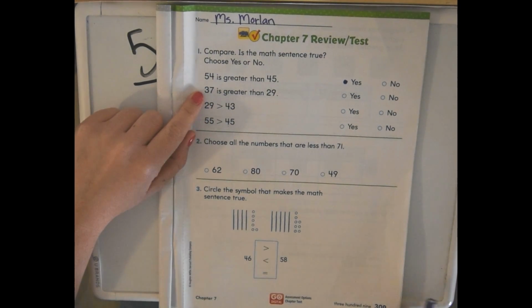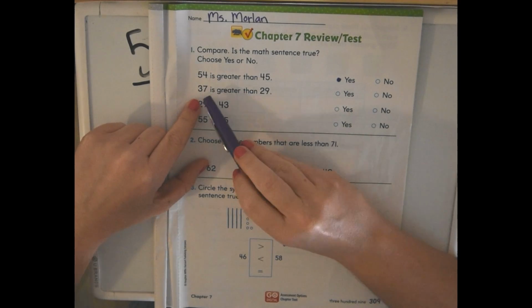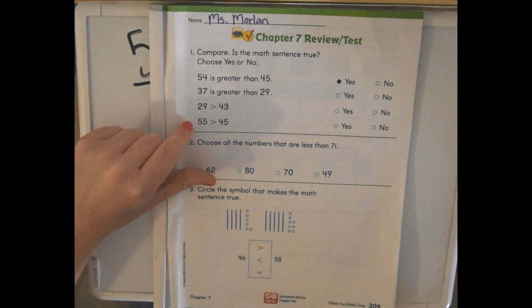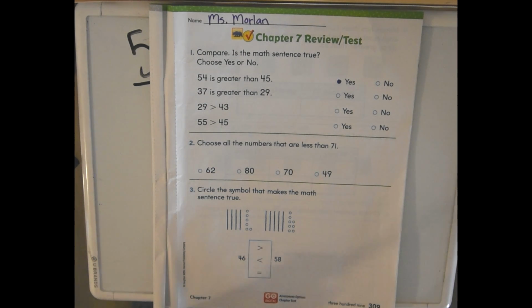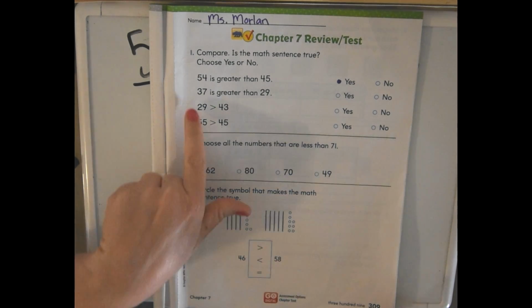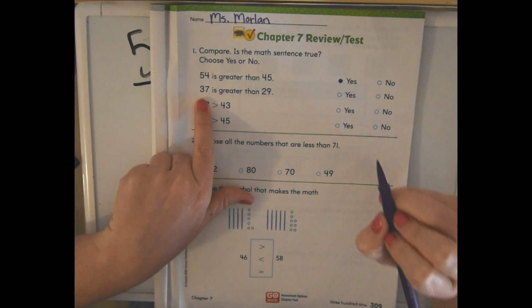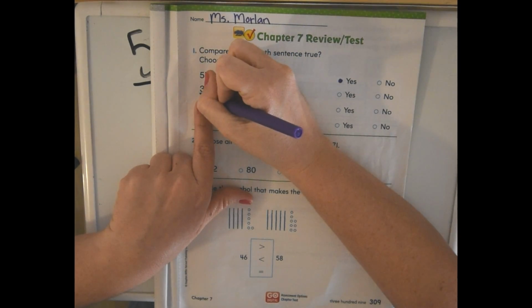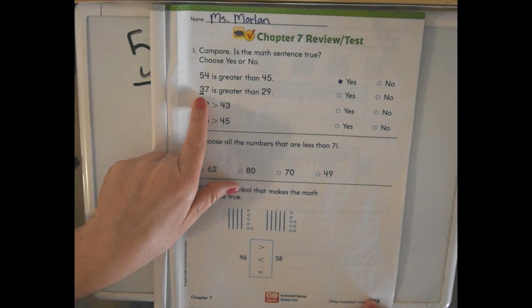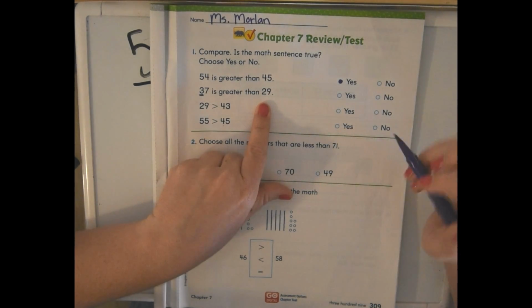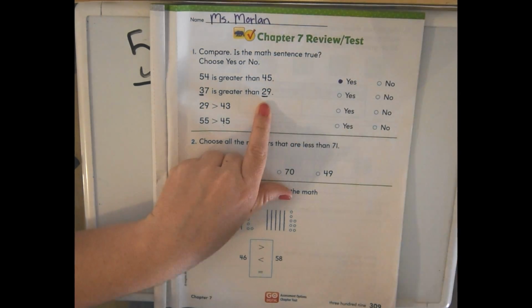Okay, now we're going to go on to the second one. 37 is greater than 29. Now, of course, you can make both of these numbers using your tens and ones or drawing a picture to compare them. Or I can simply look at the number, and we always look at the tens place first. 37 has how many tens? 3 tens. 29 has how many tens? 2 tens.